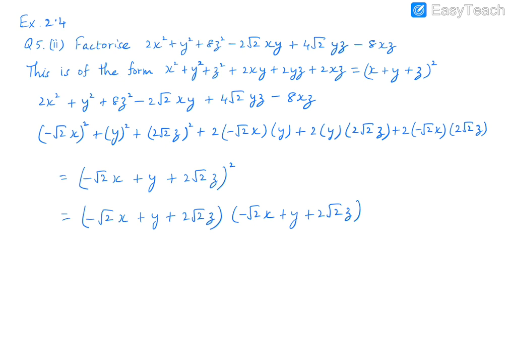Okay, so now we have seen examples of how to expand the expression, and also an example of how to use the identity to factorize a given algebraic expression, and we will also use some of these identities to even compute some calculations. So in this particular session, we have seen how to use the identity for x plus y plus z the whole square.